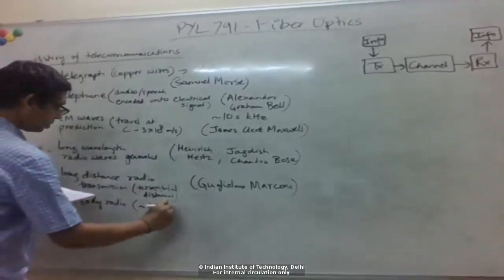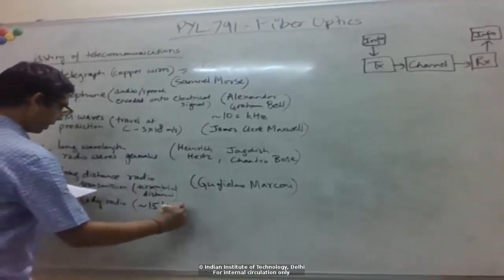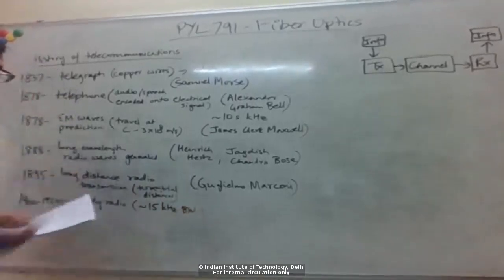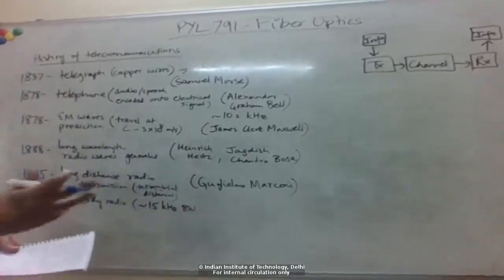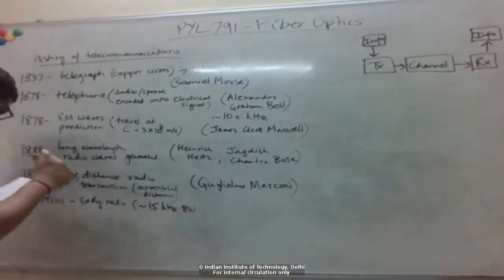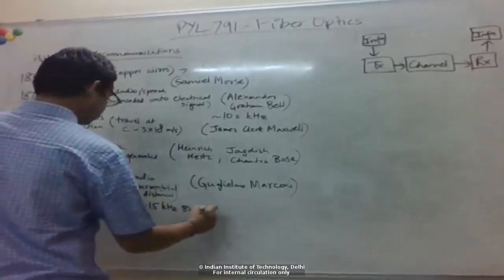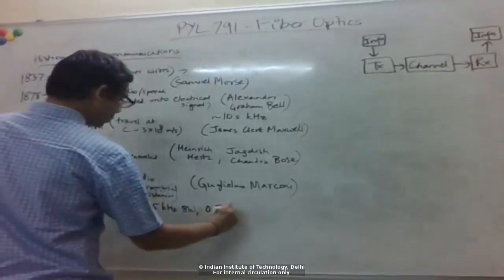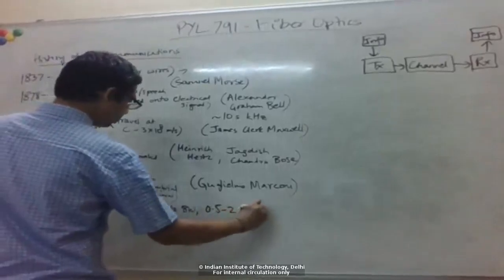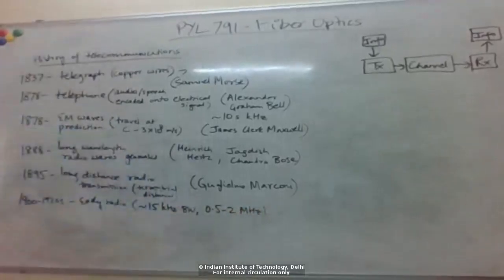These are typically about 15 kilohertz bandwidth, so you can encode human speech and music. And the carrier frequency is typically in the megahertz, 1 to 2 megahertz.